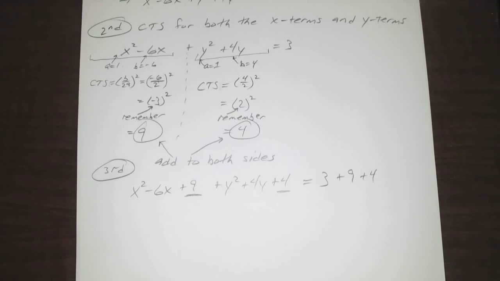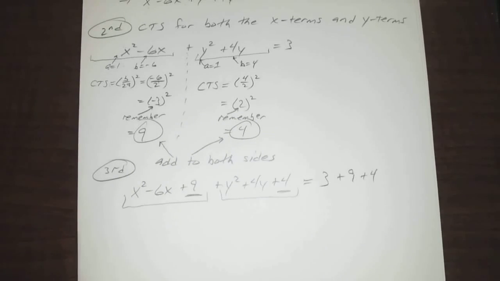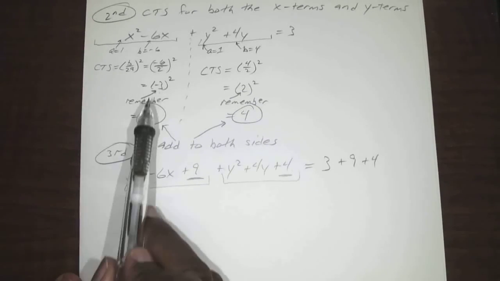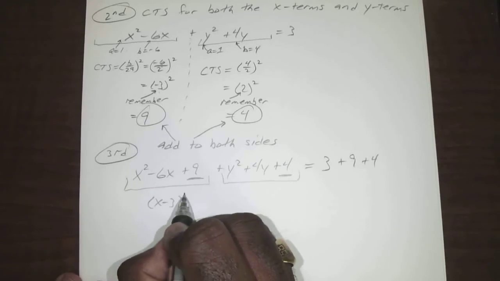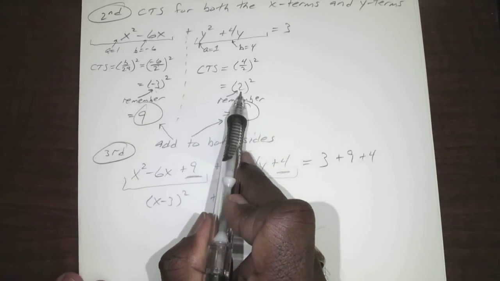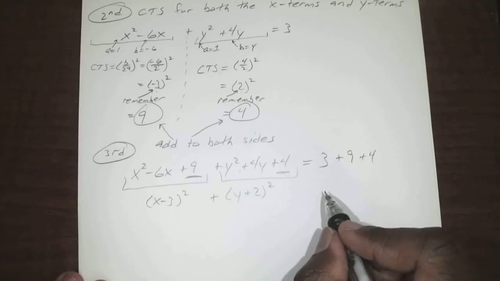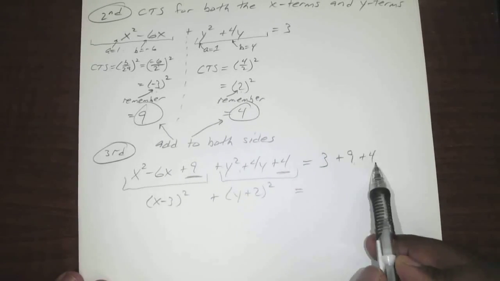Okay, so once we added that to both sides, this created our perfect square trinomial. So remember that value, so we know that this just becomes x minus 3 squared plus, and this becomes y plus 2, sorry, squared equals 3 plus 9 is 12, plus 4 is 16.